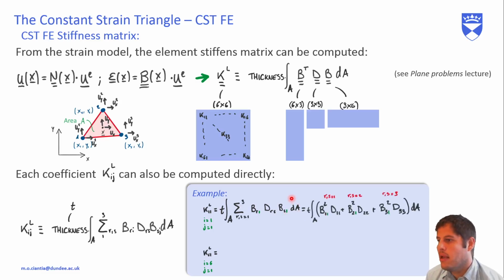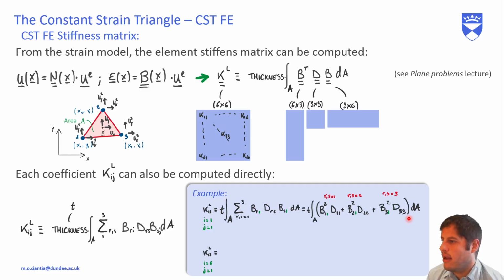This means, for r = s = 1, we would have B11 squared D11, because if you substitute r = 1, s = 1, we get B11, and that's the square here, and D11. For r = s = 2, we have D22 and B21 squared, and then B31 squared D33.